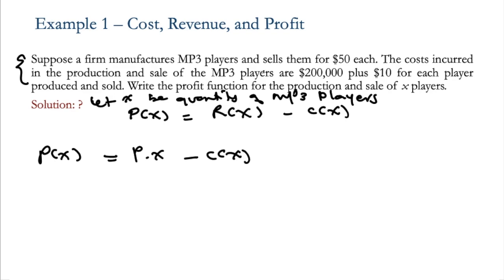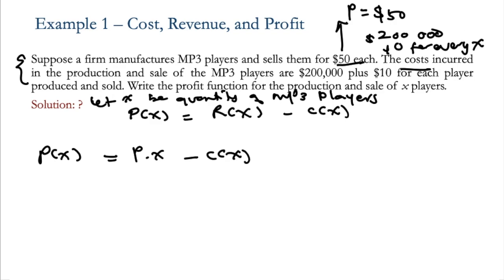The question says sells them for 50. So this 50 is the price. That's the first piece of information. And then we have the cost. The first cost in the production is $200,000. And then another cost is 10 for every x.